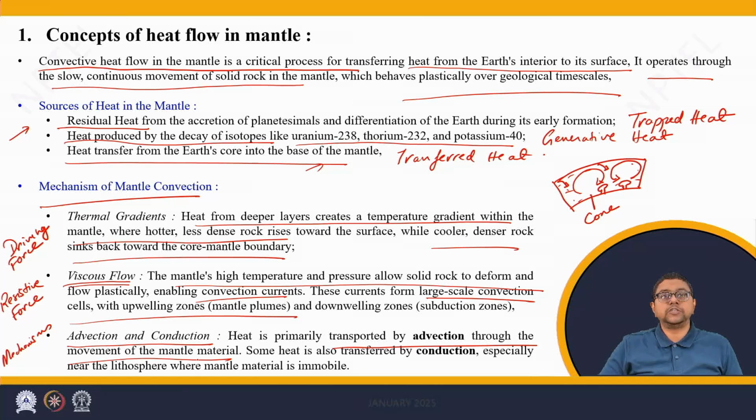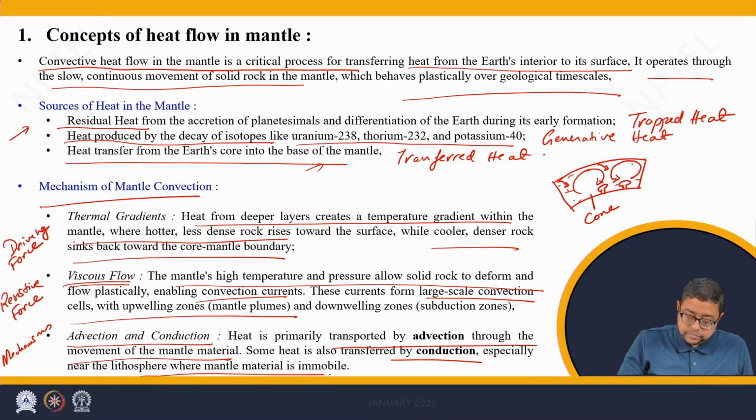This is material transport. Also, there is conductive heat transfer. The conductive heat transfer does not require transport of materials. However, it is only significant in shallower regions, which is near the lithosphere or the upper regions of the mantle where the material is solid.